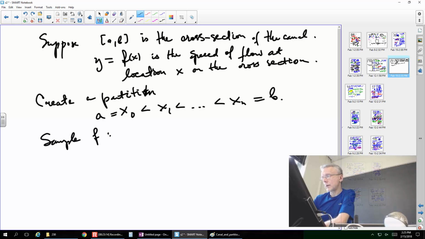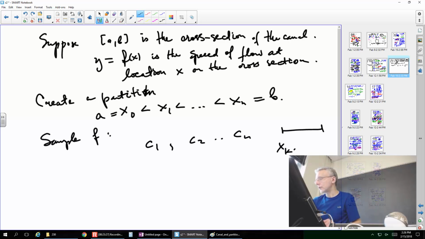In each of the intervals we will put one sample, so it will be c1, c2, cn within each of these intervals. Once again, x sub k minus 1, x sub k. Within the interval there is somewhere c sub k, and as always the width is denoted by delta x sub k, or simply delta x if the gates have the same width. Okay, so that's the setup.